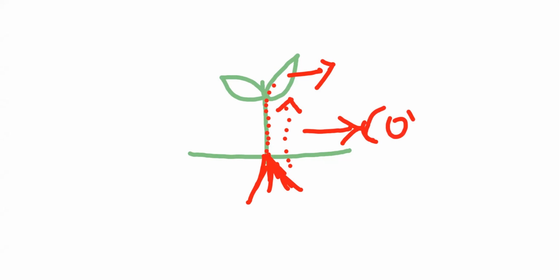The root also needs food. And the root absorbs water and minerals from the soil, so that is transported towards the leaf. So remember, this stem axis helps in conduction of water, minerals, and food, the photosynthates.